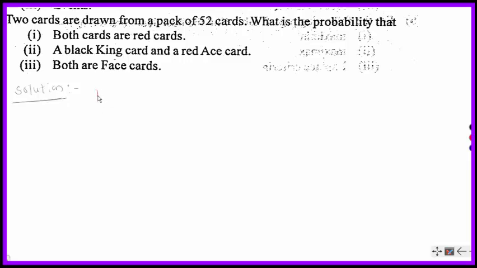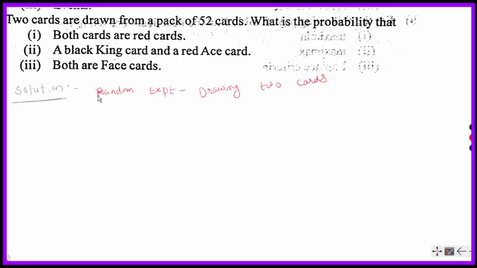So random experiment is what here? Random experiment is drawing 2 cards, picking 2 cards. So in how many different ways can this happen?